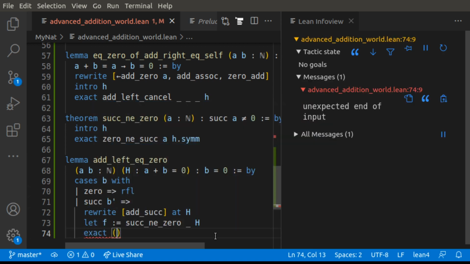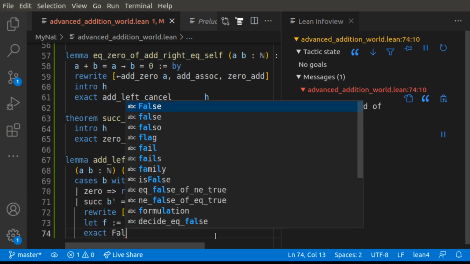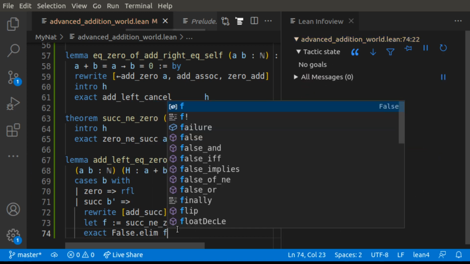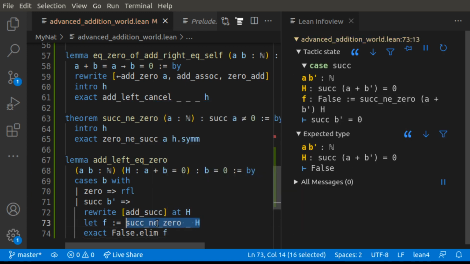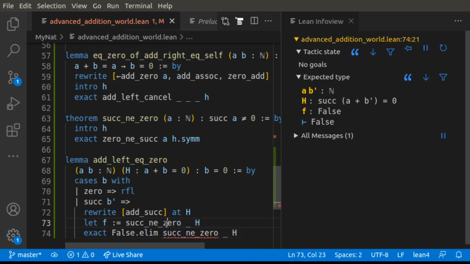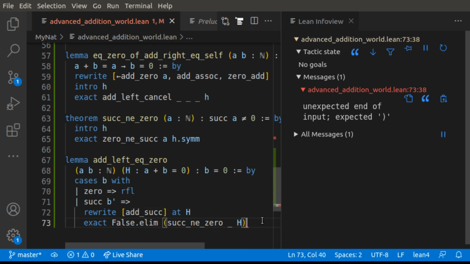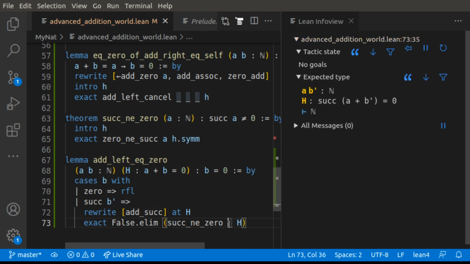Exact false.elim F. Or we can get rid of this variable. Add some parentheses. Can we see what this is? Because it's just this is a plus b prime. A plus b prime.